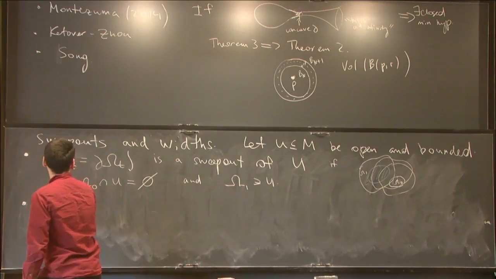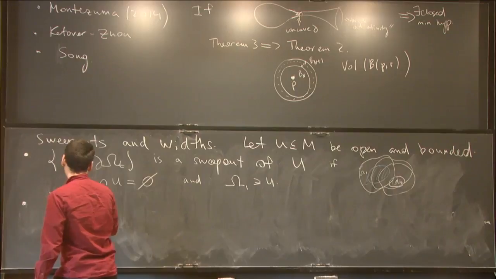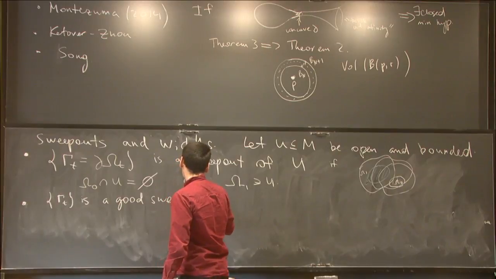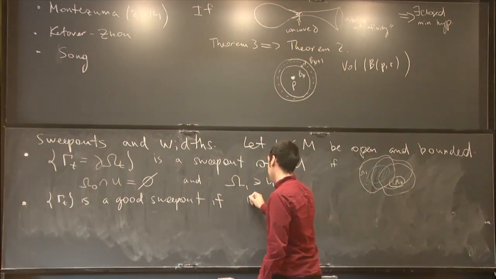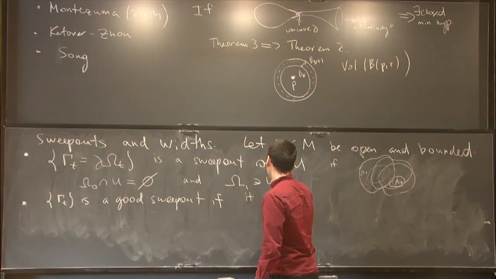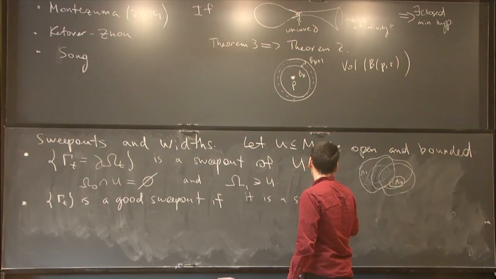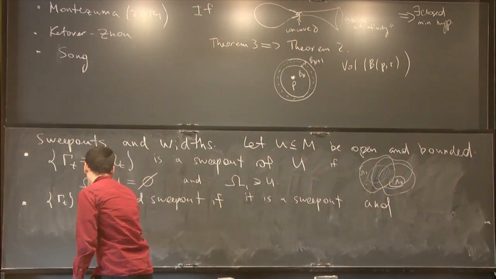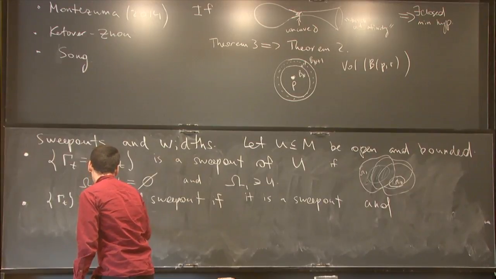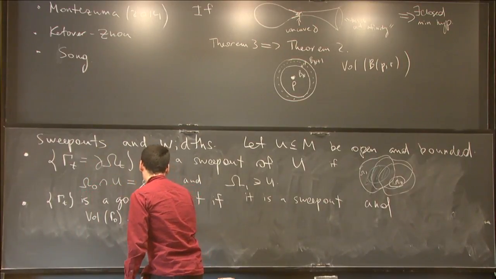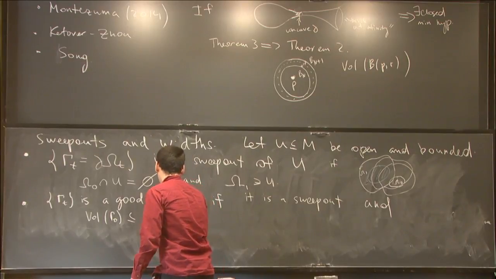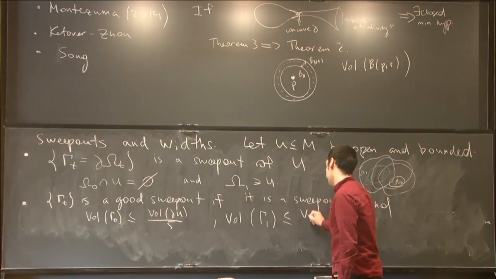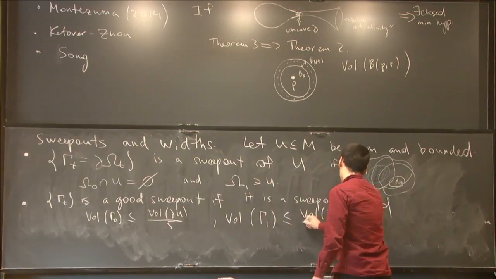We will say that gamma t is a good sweepout if it is a sweepout and volume of gamma 0 is less or equal than volume of the boundary of U over 5, and volume of gamma 1 is less or equal than volume of the boundary of U over 5.